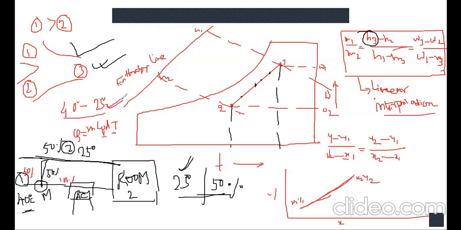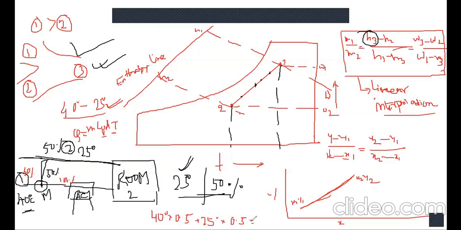This is our first case. Then we want to use 50% used air and 50% fresh air at 40 degrees. Then what will happen? What is the state of the air after mixing, before conditioning? Now calculate this. 40 degrees times 0.5 plus 25 degrees times 0.5.